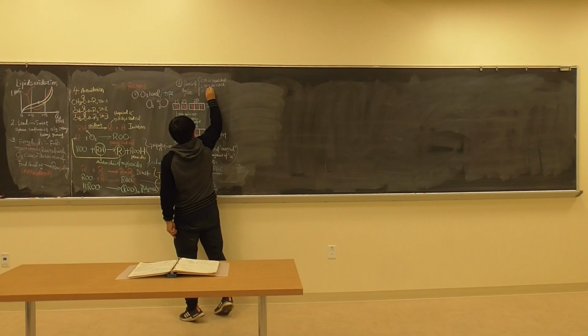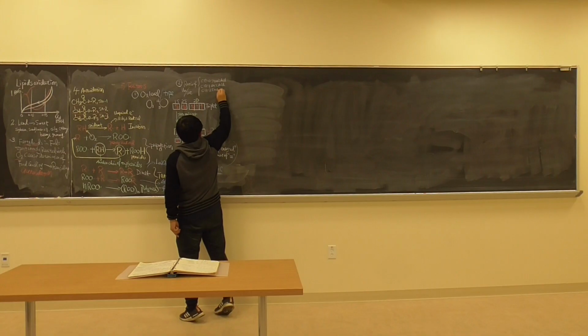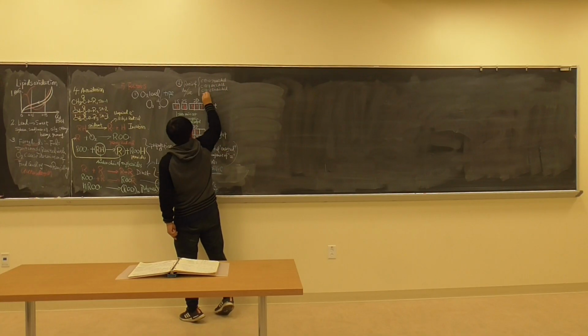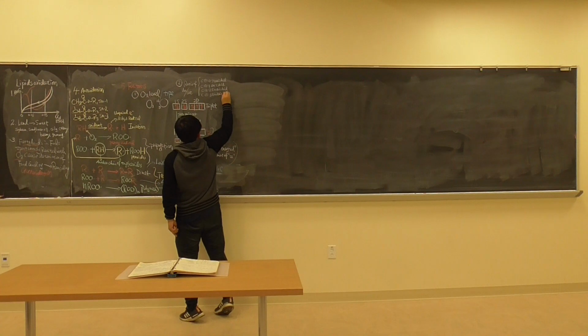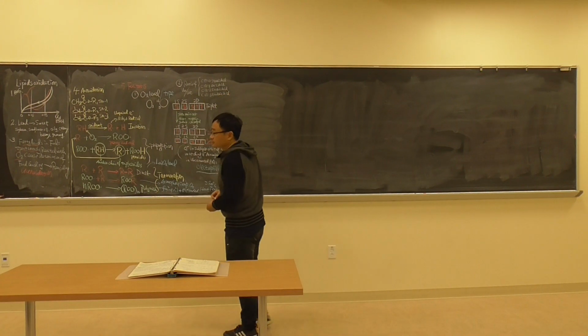C18:2, that is linoleic acid. And we also talk about C18:3, linolenic acid, with 3 double bonds, highly unsaturated.